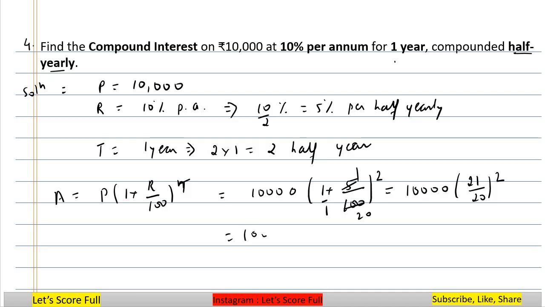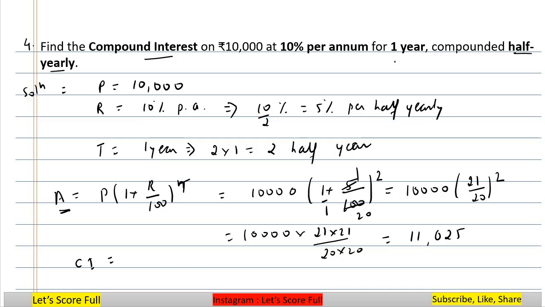When you solve it, 10,000, 21, 21, 20 into 20, just do the simple cutting. You will get this as 11,025. They have asked for the compound interest, not the amount.